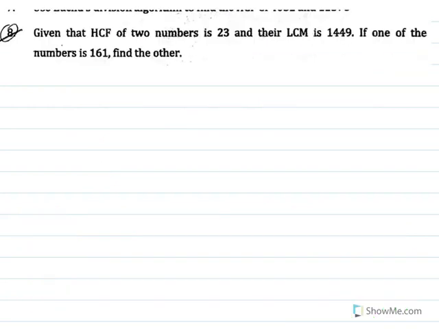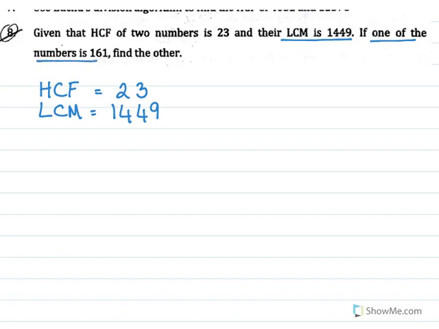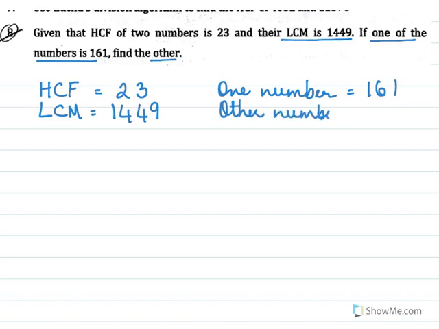Given that the HCF of two numbers is 23 and their LCM is 1449. One number is 161. Find the other number. Let the other number be x, and we know that HCF into LCM equal to product of numbers.